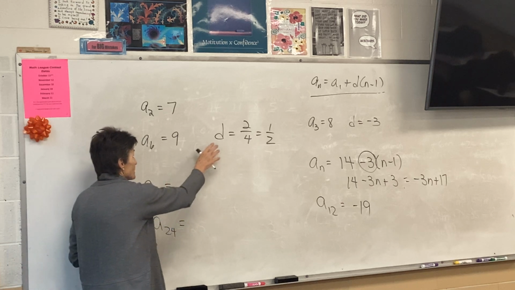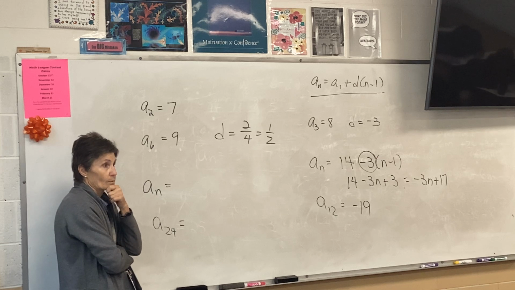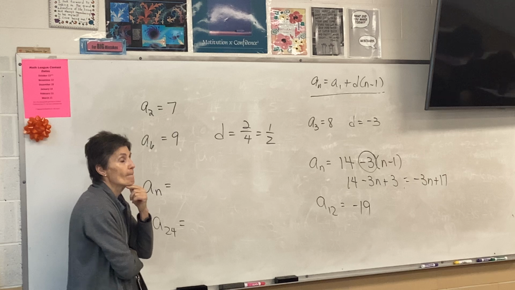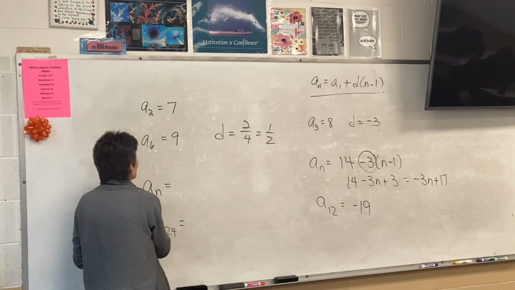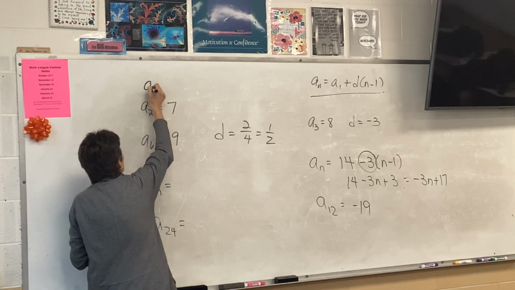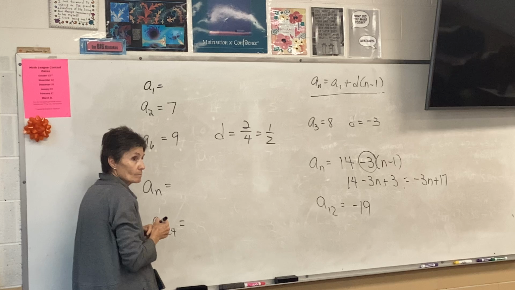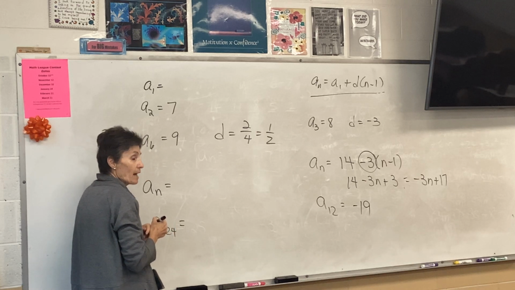So now he knows his common difference is 1/2. Okay? Alex? Then to find the original, would you subtract 1/2 times however many a sub 2 is away from a sub 1? Exactly.